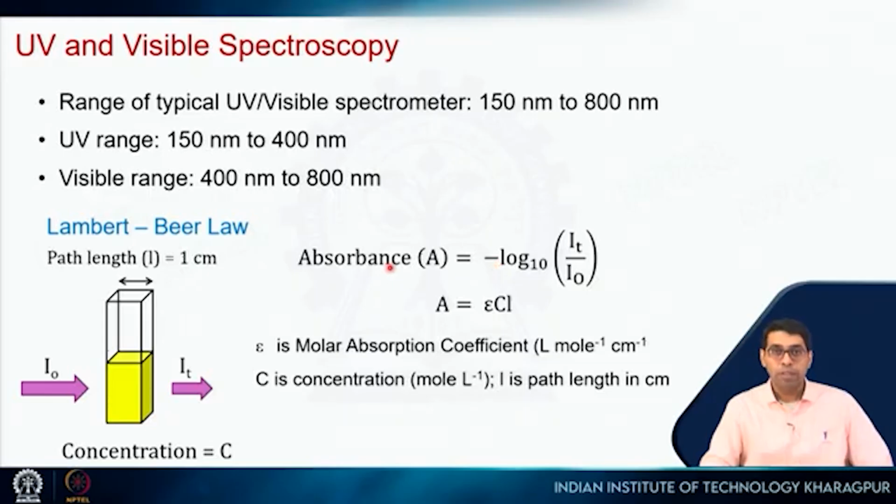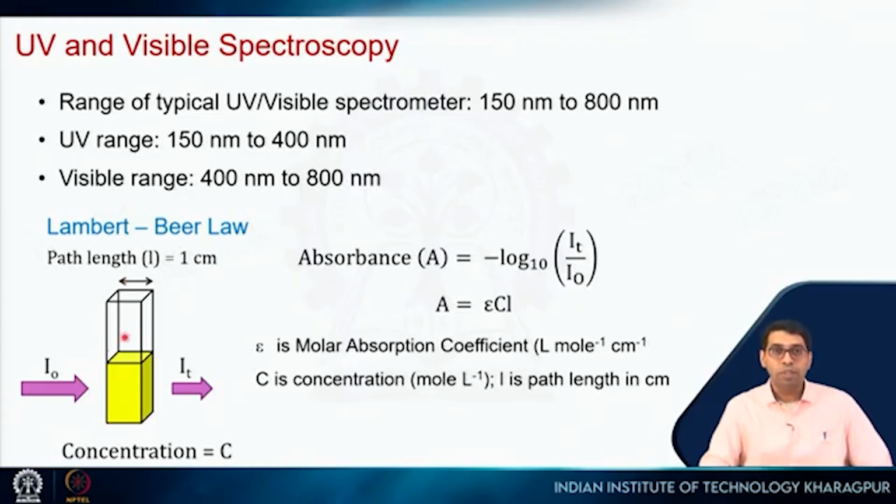Now, this absorbance depends on three things: epsilon, which is the molar absorption coefficient of the molecule, and we will see how we can determine this; C, the concentration of your sample; and L, the path length, which is the distance that the light passes through the sample.